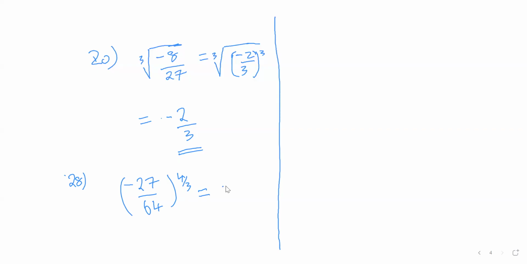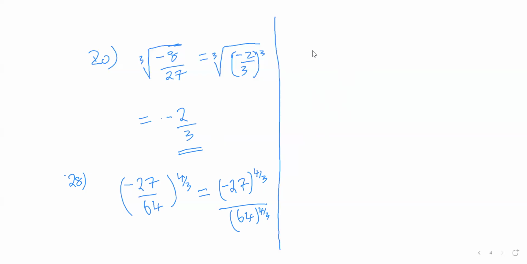So it becomes negative 27 to the 4 over 3 divided by 64 to the 4 over 3, by one of our distributive laws of exponents. You can do this. Otherwise, you can write this as the cube of something so that your cube is going to cancel out with the 3 like we just illustrated above.